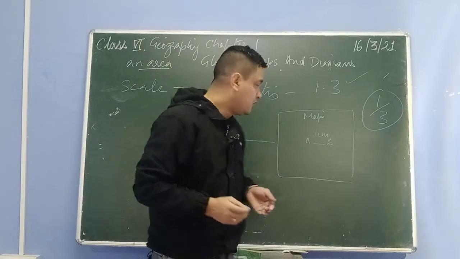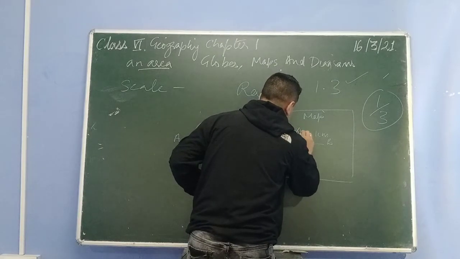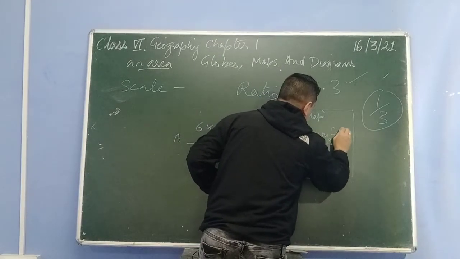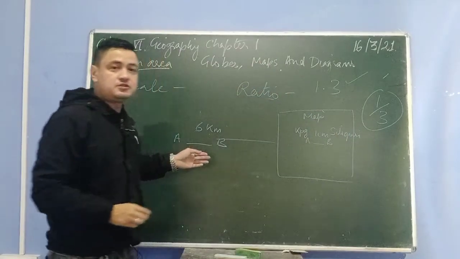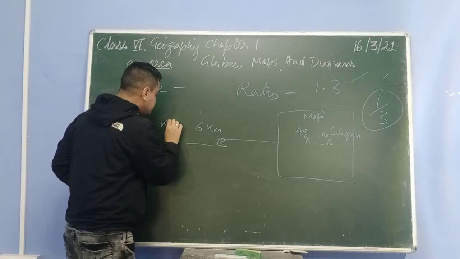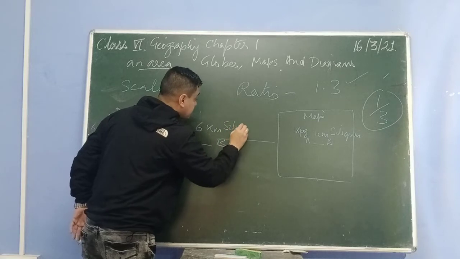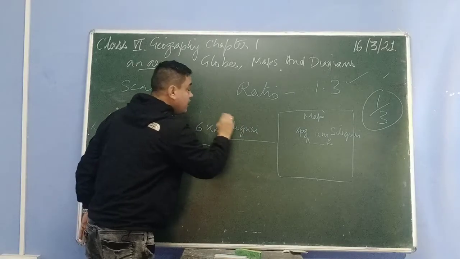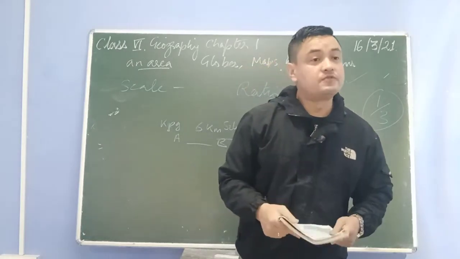I have told you, if you take these 2 points as Siliguri and Kalimpong, in the map the distance is 1 centimeter, but the actual distance from Kalimpong to Siliguri is 6 kilometers. What is the definition of the scale?